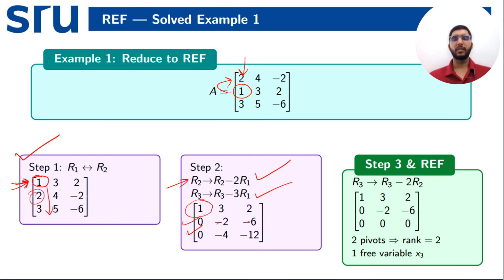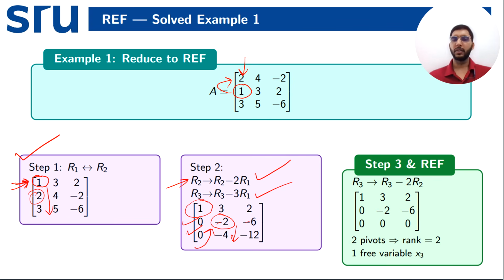Then we go to the second pivot, in the next column and the next row. The first non-zero entry in the second row is minus 2. This is the second pivot entry. With the help of this, we need to make 0 below it.